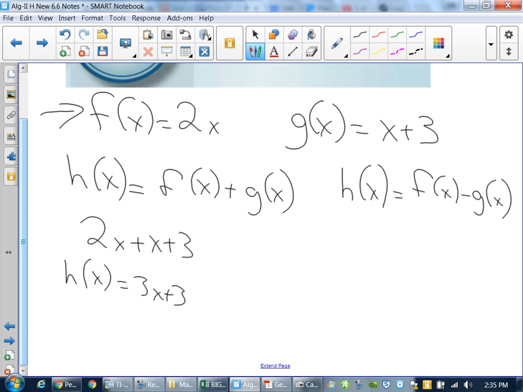It's such a common problem with this type of setup. Take your 2x and you're subtracting, since that g of x function has two parts to it. Sometimes it might have three. It might be a quadratic. It could be an nth root. It could be anything. Right now, I'm just starting out real simple with linear stuff. We build into this later. You get 2x minus x minus 3, which is x minus 3.